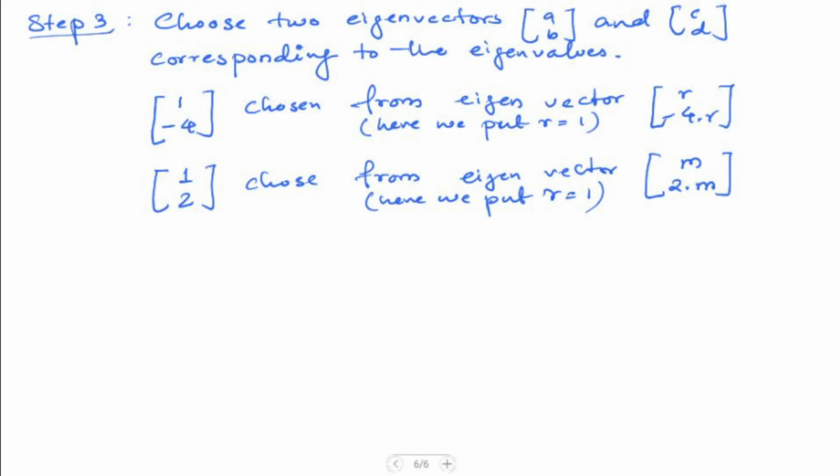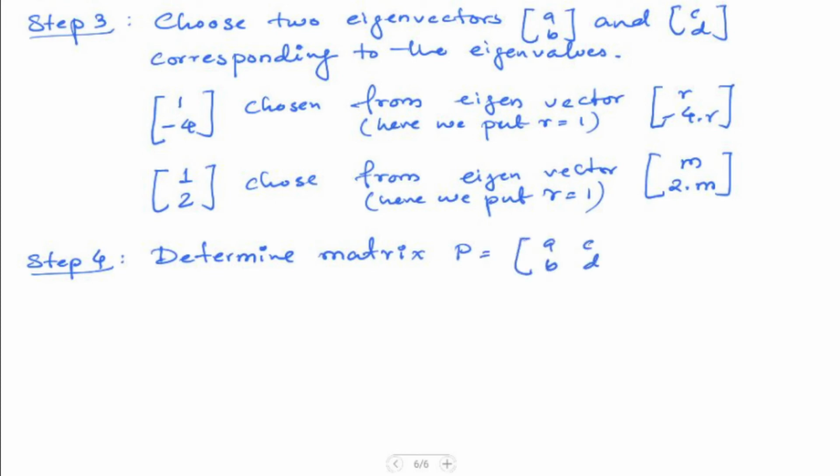So let's go to our step 4 now, that is to determine matrix P is equal to A, B, C, D. We just decided already: we have A, B, C, D, and we chose AB to be 1, minus 4 and CD to be 1, 2.